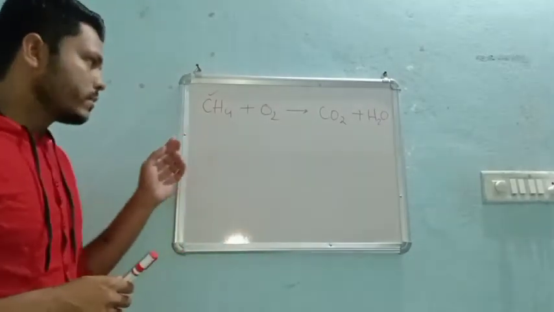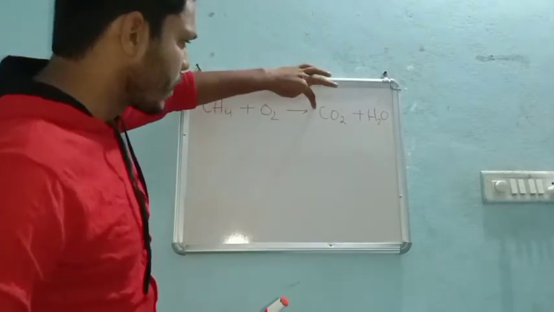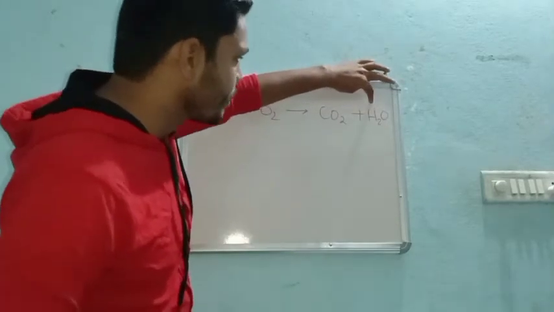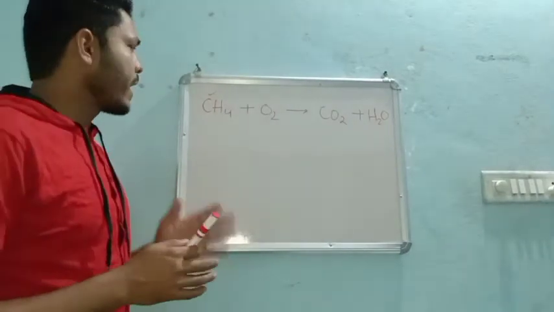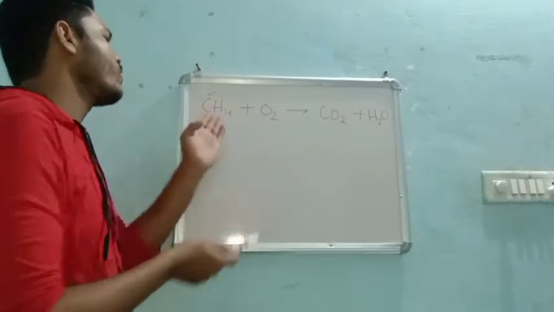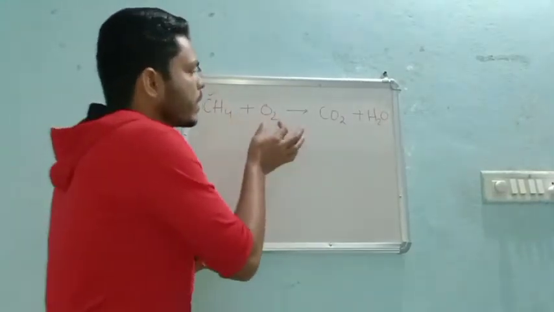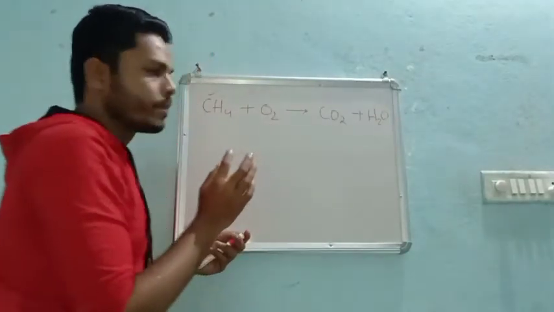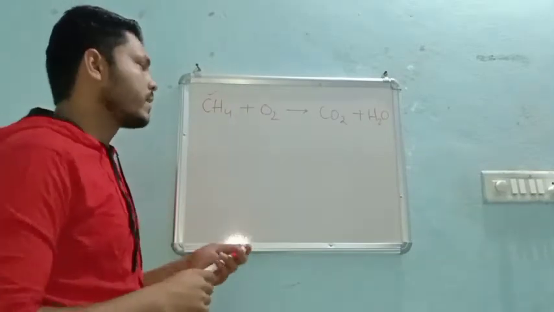Now next is oxygen, which is with both carbon as well as with the hydrogen. So you can go directly for balancing the oxygen, or else you can balance the hydrogen and then later balance the oxygen.